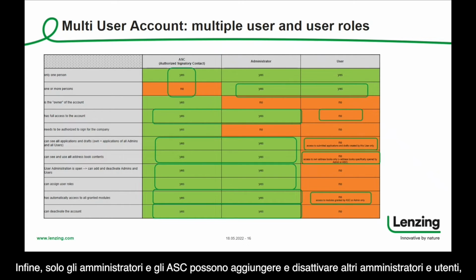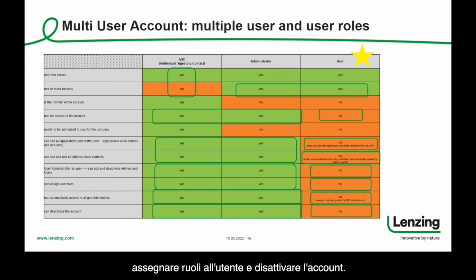And finally, only admins and ASC can add and deactivate other admins and users, assign user roles, and deactivate the account. All these functions are not available for normal users. In summary, when setting up your multi-user account, it is very important to decide beforehand whom to grant admin rights and to whom you want to assign only normal user rights.